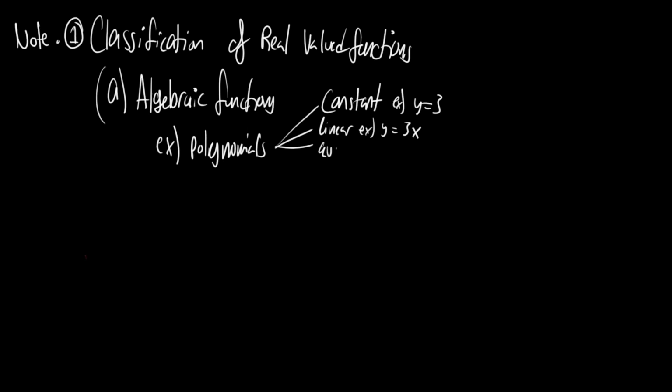This could be a quadratic function, in which y equals 3x squared. And this can also go on into a binomial, in which y equals 3x squared plus 2x, or a trinomial, minus 1.